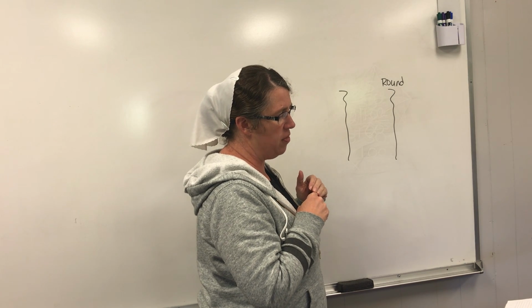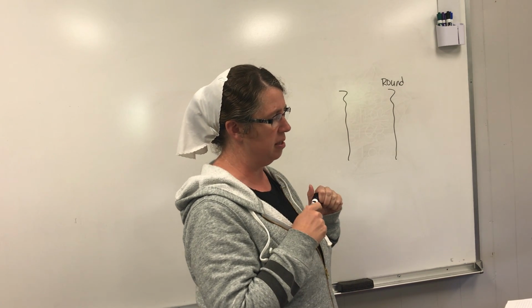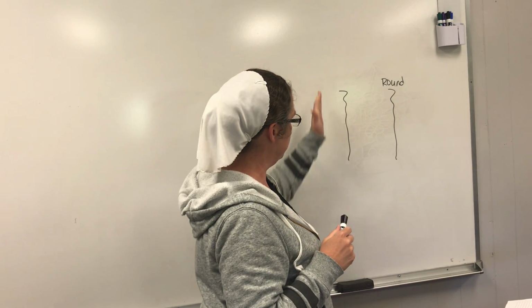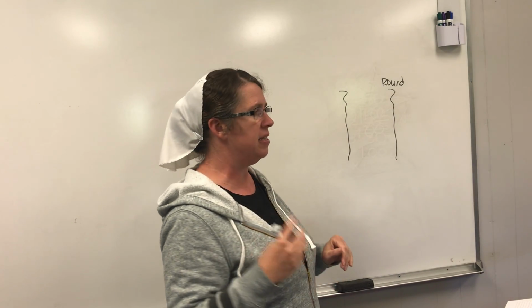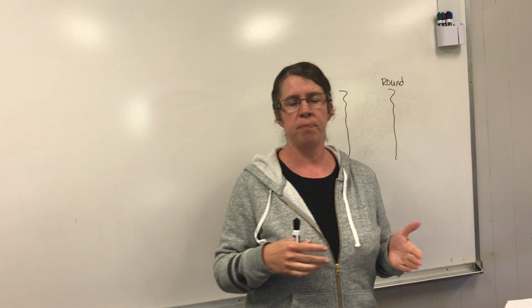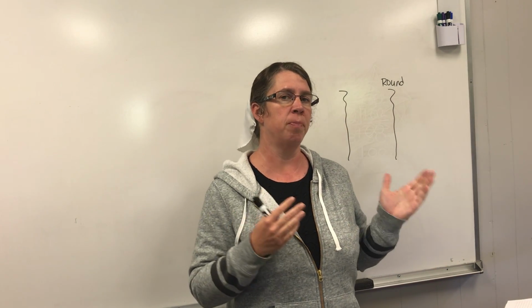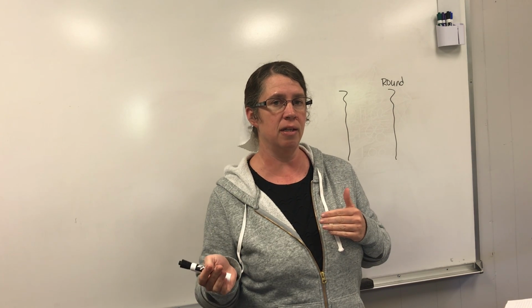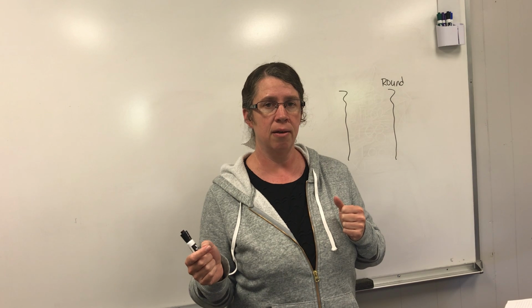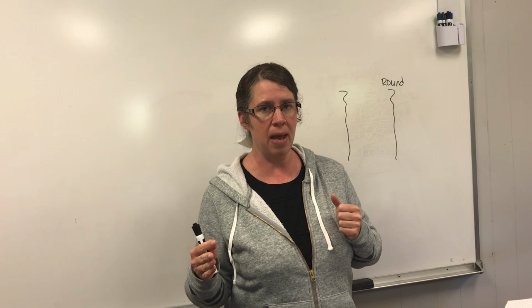Then it says find the cost with the 10% discount. This would be the actual cost, and if you have a discount, remember it's 10% off, so you can either multiply times 10% and subtract it, or you can multiply times 0.90, because that's actually the price that he paid.